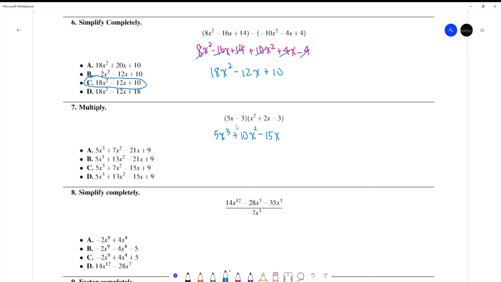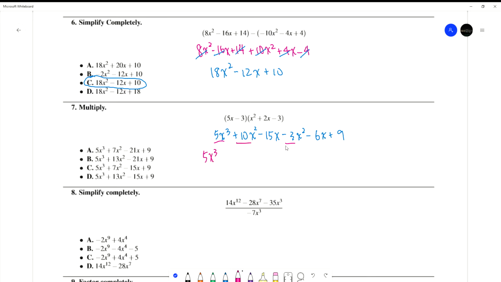Then we move on to the negative 3 and distribute all of that. So you get minus 3x squared minus 6x, and lastly, plus 9. So let's combine like terms. 5x cubed is just 5x cubed.